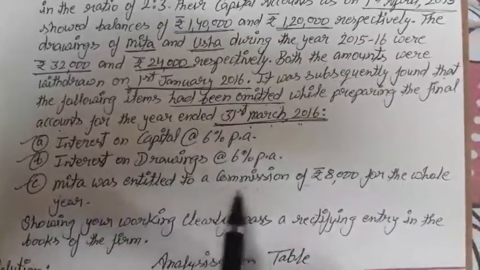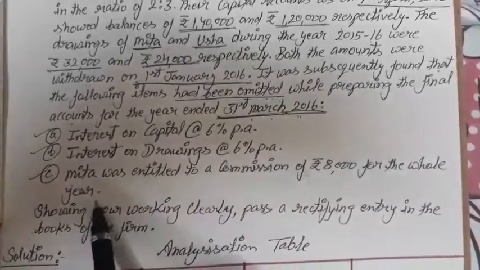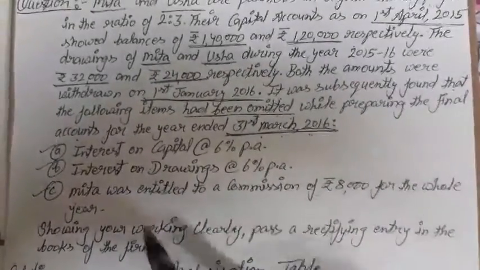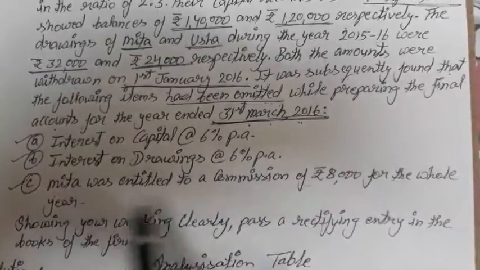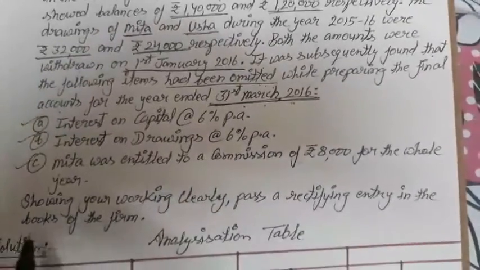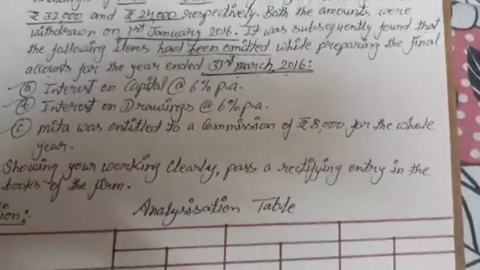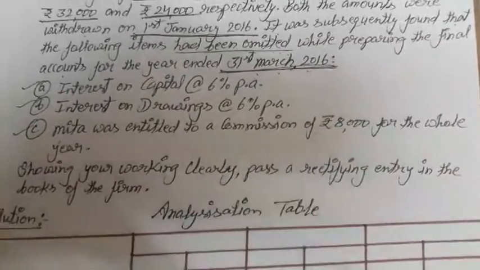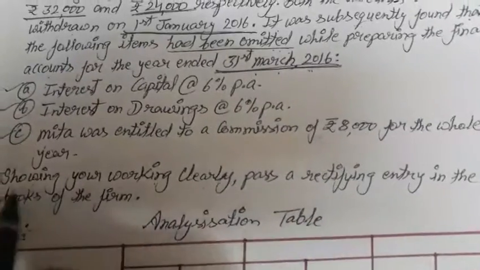Meeta was entitled to a commission of rupees 8,000 for the whole year. Any extra work was done by Meeta, and for that she gets 8,000 rupees as commission from the firm. This is a very important line on which we have to focus, showing your working clearly.